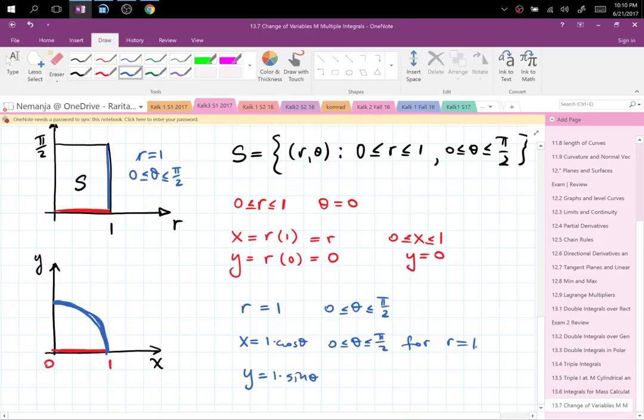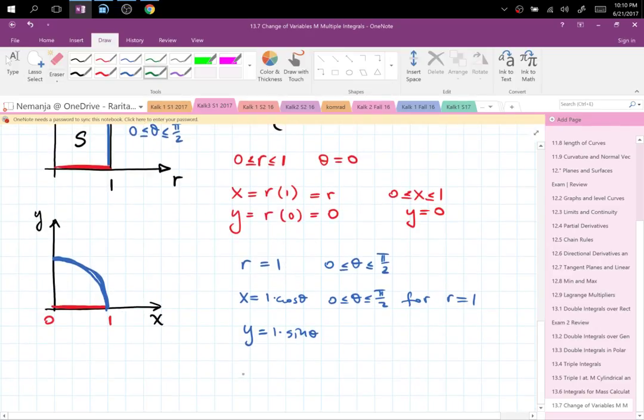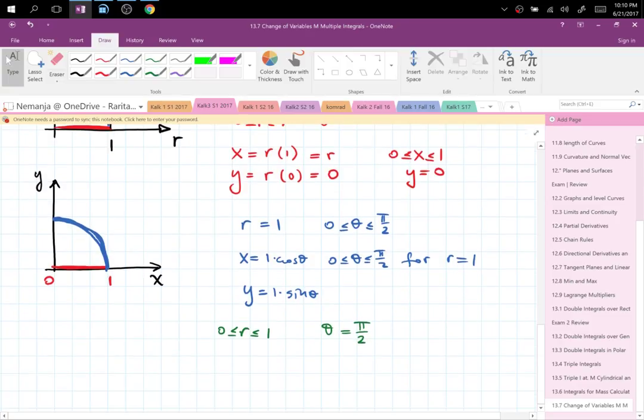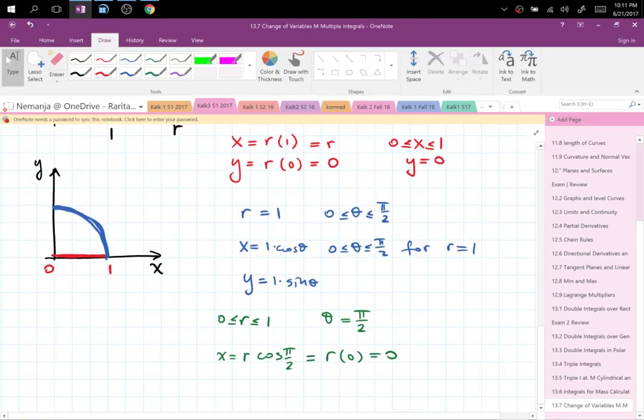Then I'm going to have the green on top. And the green says that I have r from 0 to 1, and theta is always pi over 2. Plug in transformation. X equals, we have the r, and then now you have a cosine of pi over 2, which is r times 0, which is 0. So x is always 0.